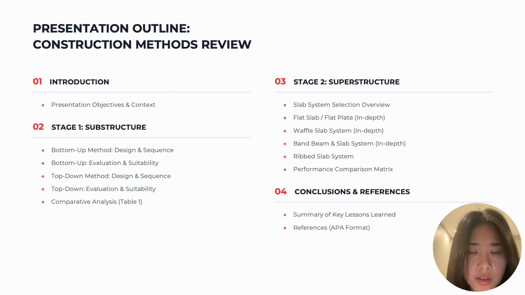First is substructure, where I compare bottom-up and top-down construction methods. Second is superstructure, where I will analyze different slabs, including flat slab, waffle slab, band beam, and rib slab. Finally, I will summarize the key findings and lessons learned.